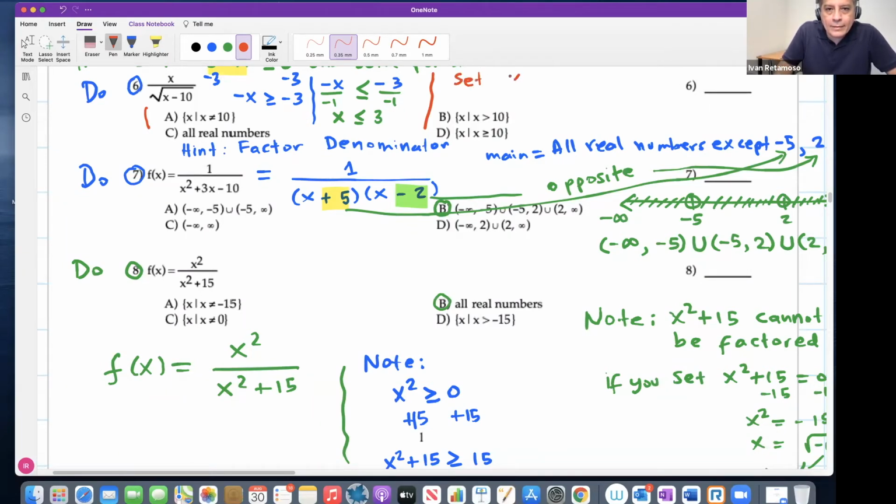The hint is set this greater or equal to 0 first, but then consider that it cannot be 0 because its radical is placed on the denominator, right? On the denominator. Think about that. It cannot be 10, and then you will figure this out.